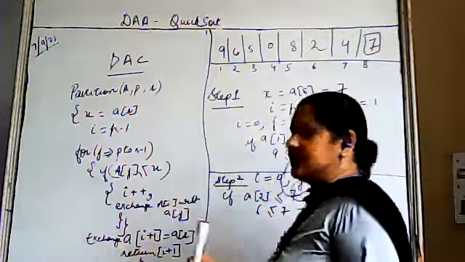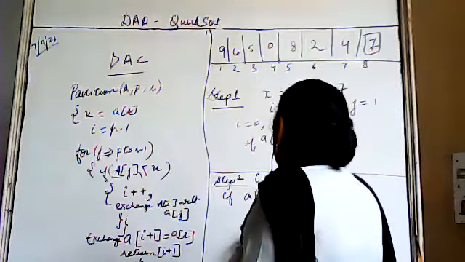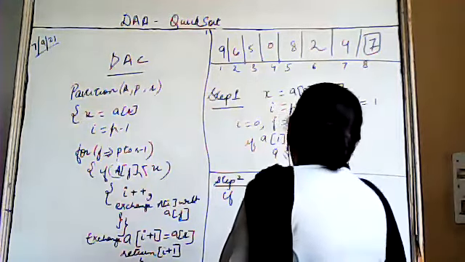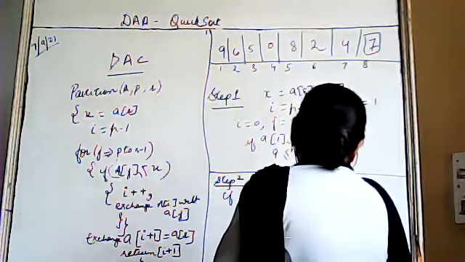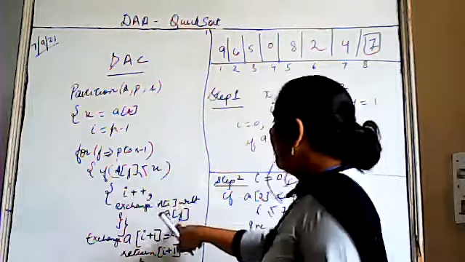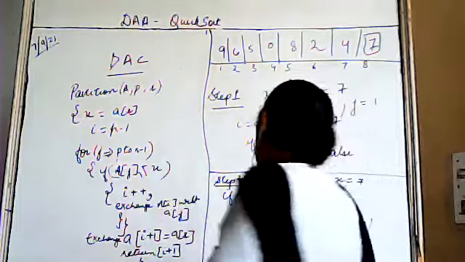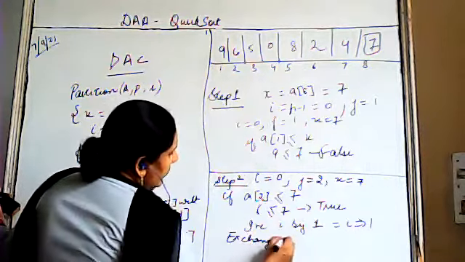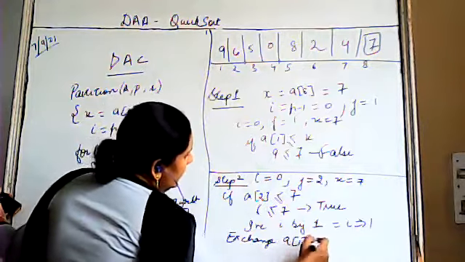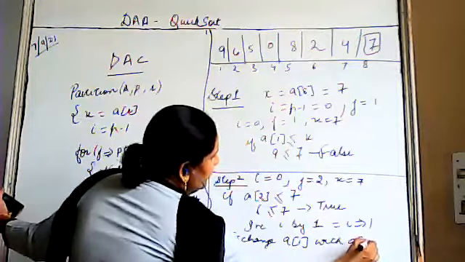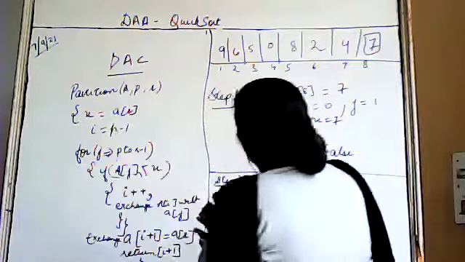Now what we have to do? Increment i, then exchange. Increment i by 1. Now i has become 1, which implies i is equal to 1. Exchange a of i with a of j, a of 1 with a of 2, because j's value is 2. So swap a1 and a2.